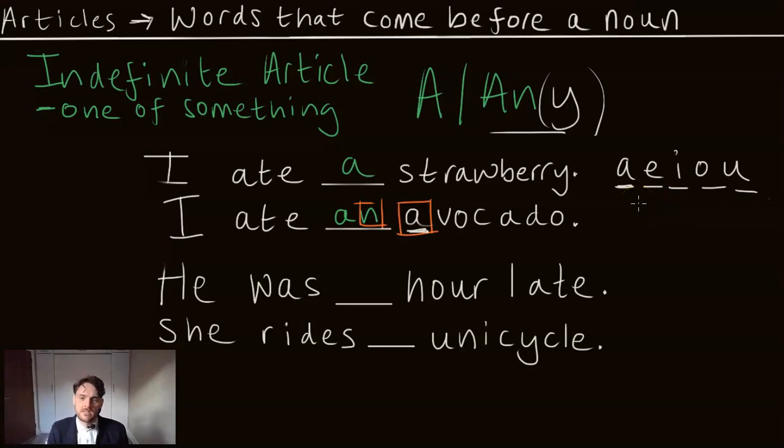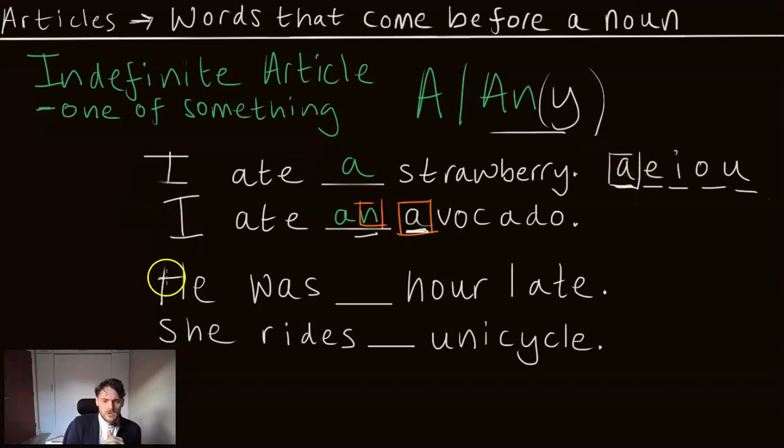All of these sounds would make an. Avocado. I ate an avocado. Now this is a really important distinction. Many teachers will tell you, put the an before any word that starts with a letter that is a vowel. But that's not the whole truth.